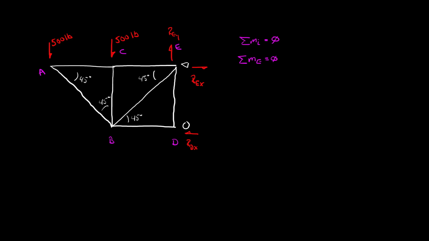So when I look at that, what that means is I've got a moment at A, and I'm going to put some signs on this. That moment at A is going to be pushing down and left, which is going to go around counterclockwise. That's going to be a positive plus.